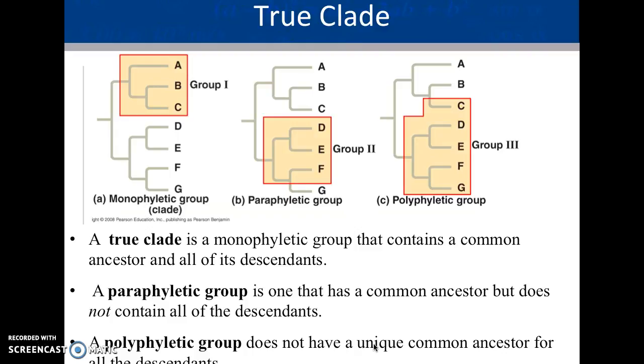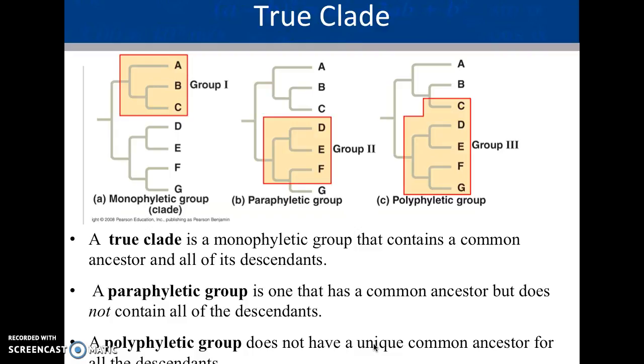We also have 3 different types of clades. A true clade is a monophyletic group that contains a common ancestor and all of its descendants. That is, literally we pick out a node and anything onward from that point is related. A paraphyletic group has the common ancestor, but it does not include all the descendants. So if we look at the second group, we see G, which is a descendant of the common ancestor, is not included.